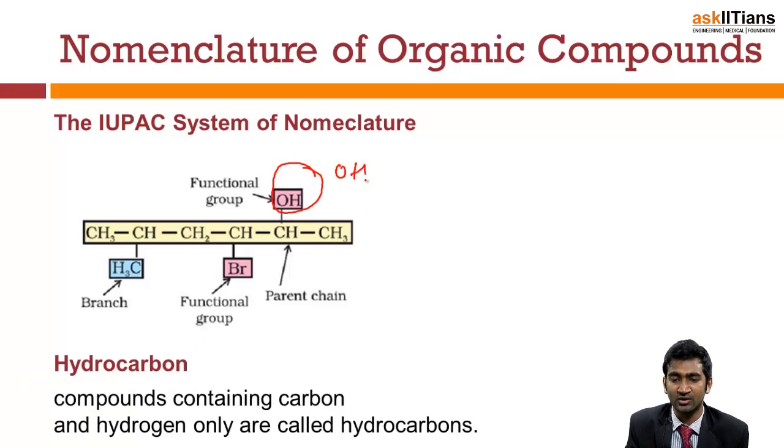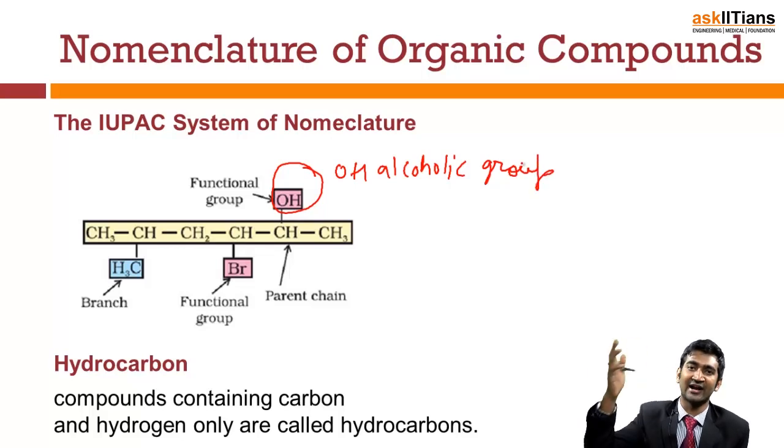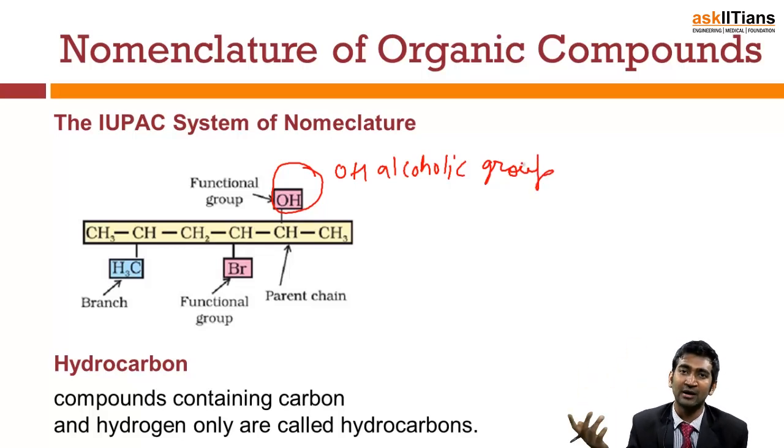OH is your alcoholic group. So you can have an aldehyde group, keto group, double bond, triple bond, or any halogen attached to it. These are all functional groups. Like here also, this is the halogen, bromine, which is attached.